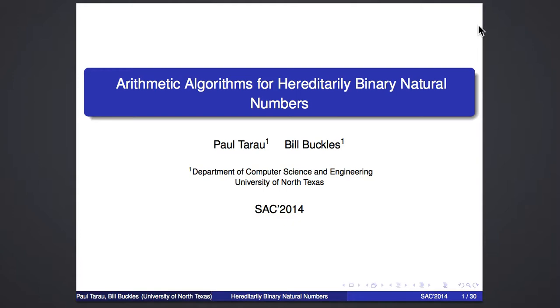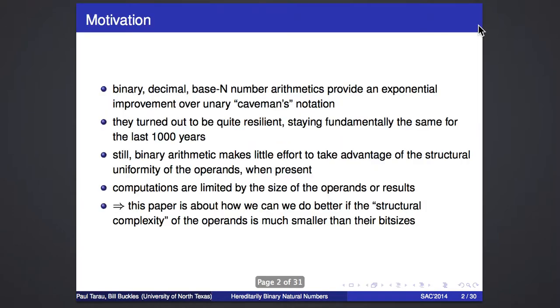Arithmetic algorithms for hereditarily binary natural numbers. This talk is about an alternative numbering system that's motivated by some limitations of the conventional polynomial notation for numbers.